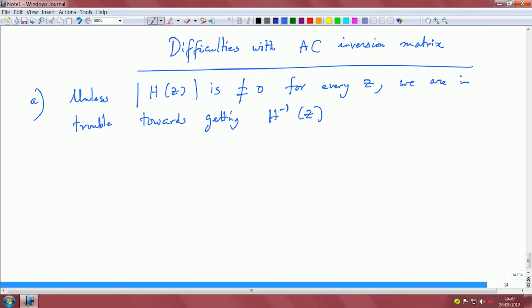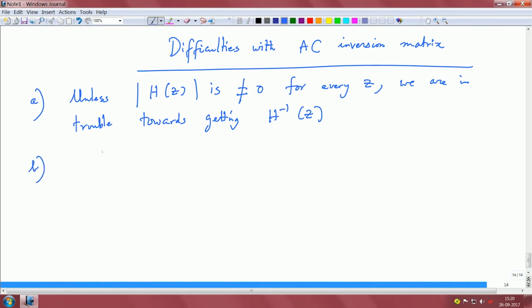Right? I mean, because if you think of realizing H of z as magnitude of H of z times some e power j phase, and if you have to invert it, you are having a 1 over the magnitude of H of z in the denominator, right, and that should not be 0.